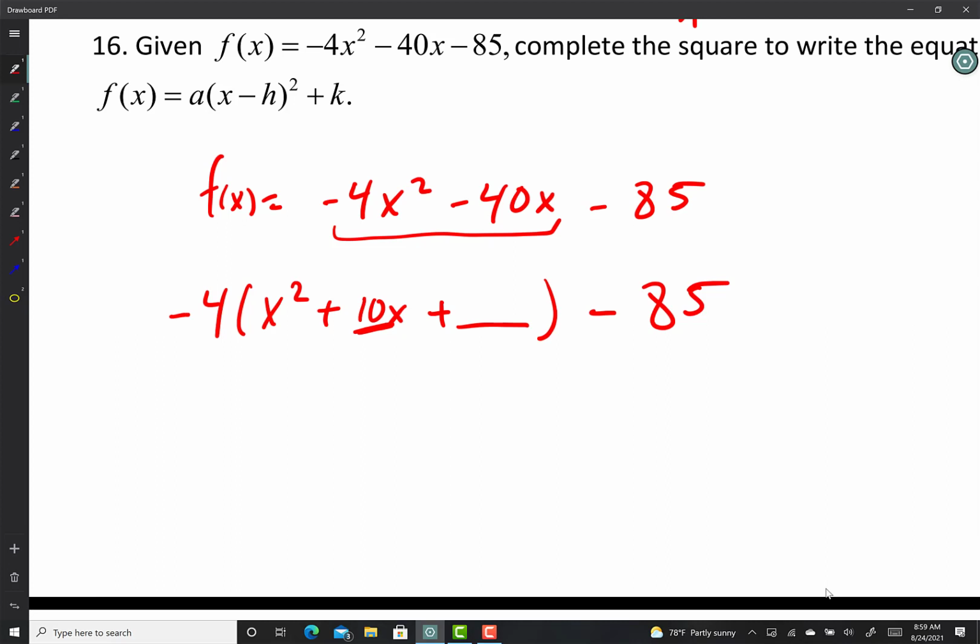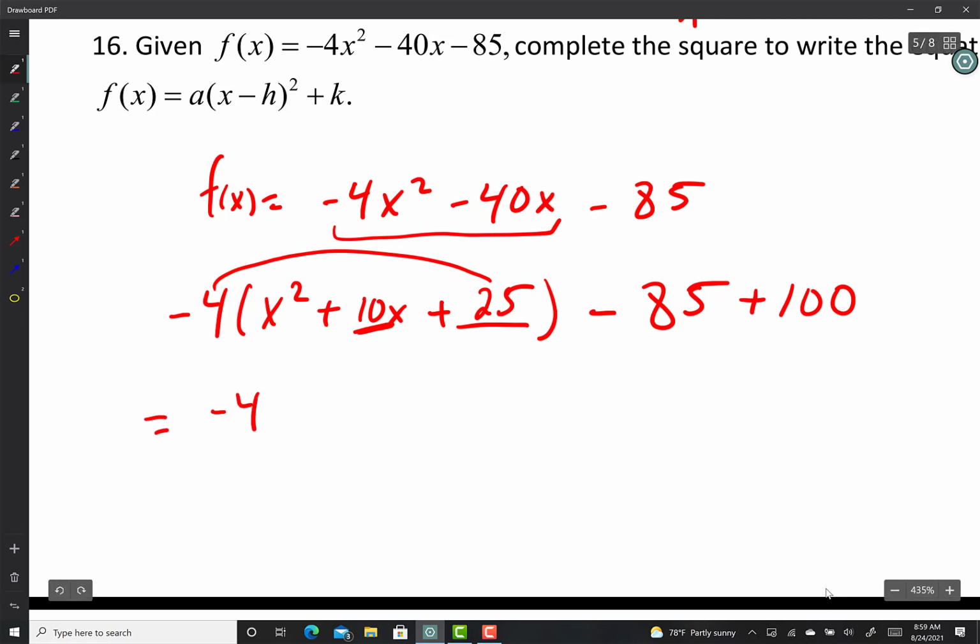Well, you probably already did it, but 10 divided by 2 was 5, and 5 squared is 25. So then, what did I do? Negative 4 times 25 is negative 100. So I got to balance it out by putting plus 100. Perfect. So now I have negative 4 times x plus 5 squared plus 15.